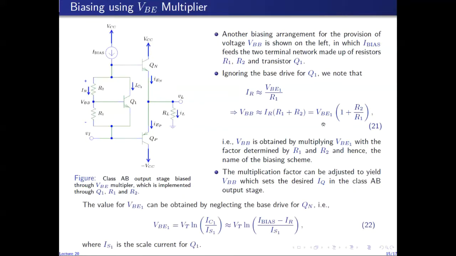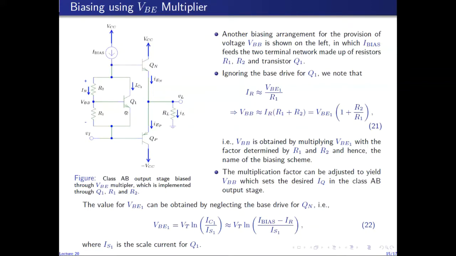The value of VBE1 in turn can be obtained if we ignore the base drive for Qn. So this is an approximation that I will talk about in a minute. But if we ignore the base current of Qn, then the biasing current is divided into IR and the collector current of Q1, which means that the collector current of Q1 will be approximated by I bias minus IR.